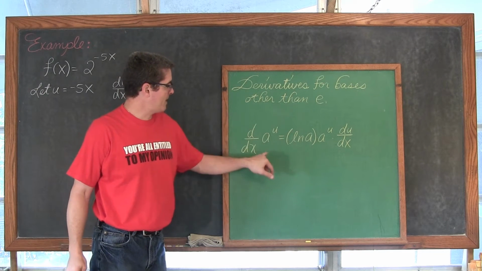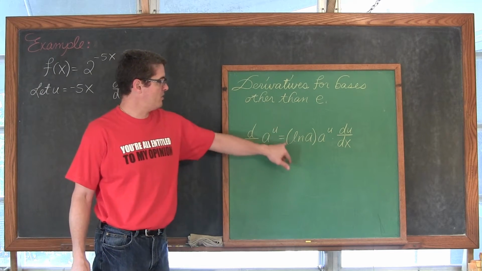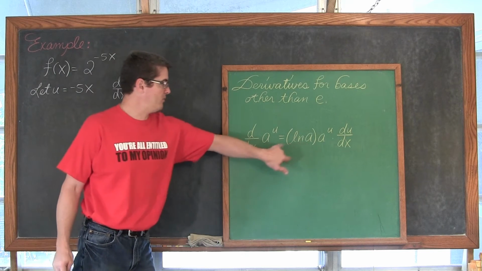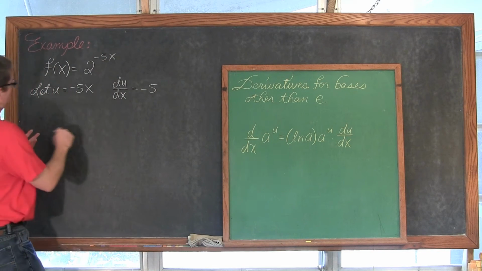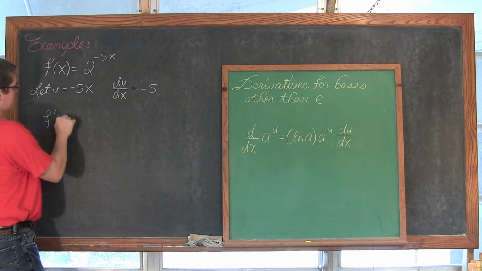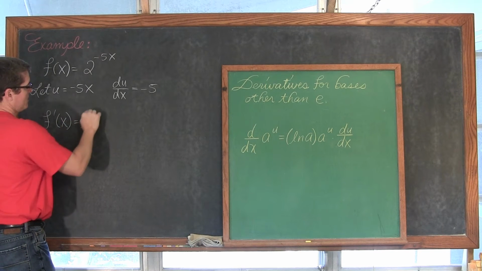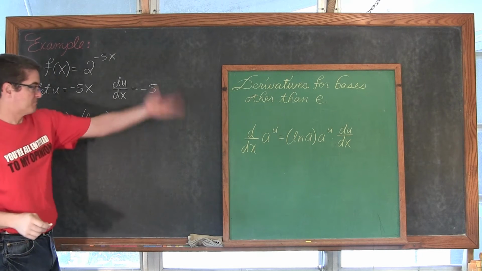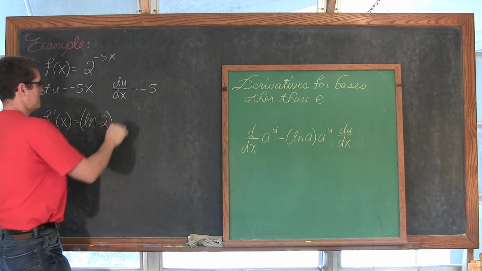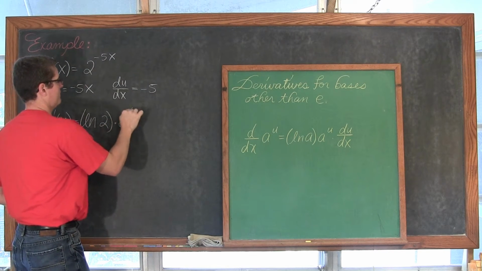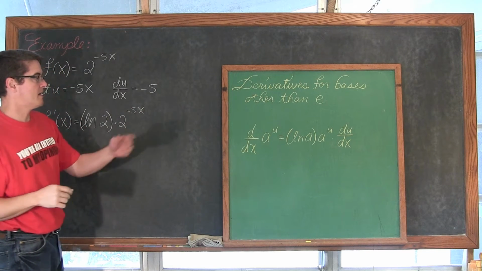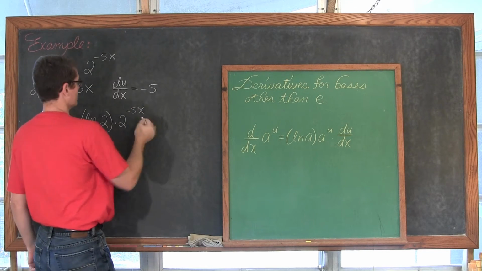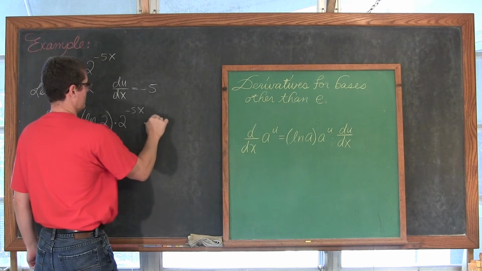So we have the derivative with respect to x of a to the u is the natural log of a, which is the base. So we could write f prime of x is equal to the natural log of the base, which is 2, times a to the u. So that's going to be times 2 to the negative 5x times du dx, which is negative 5.